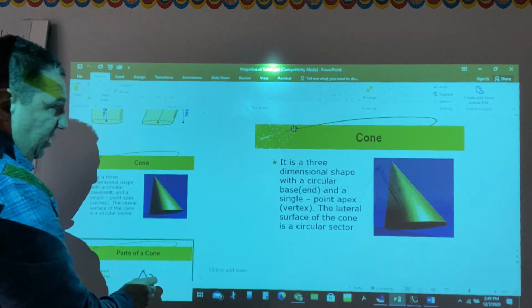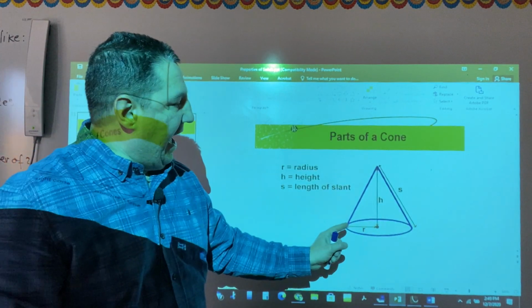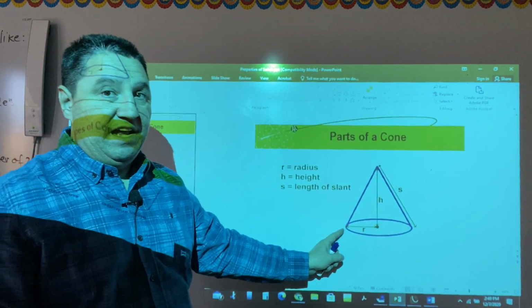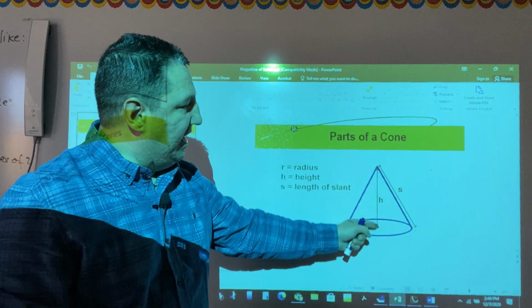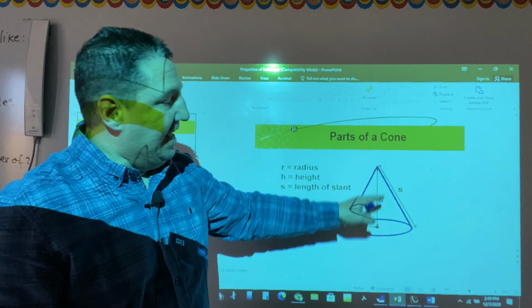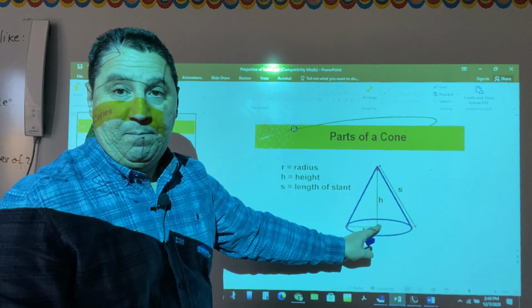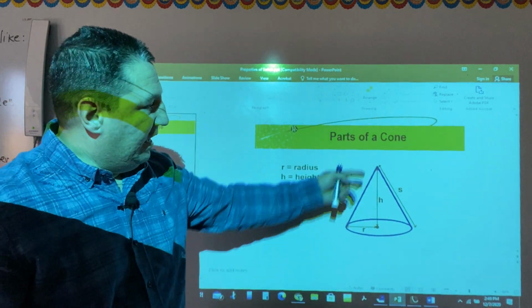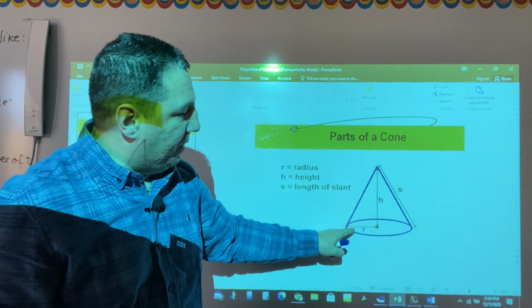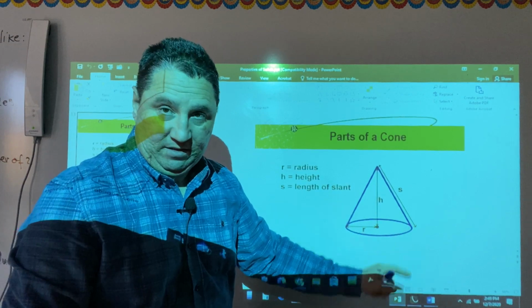Parts of the cone. A cone has a radius r, which is the radius of the base. The height h is the distance between the center of the base and the apex or vertex, and h is perpendicular to the base at the center.